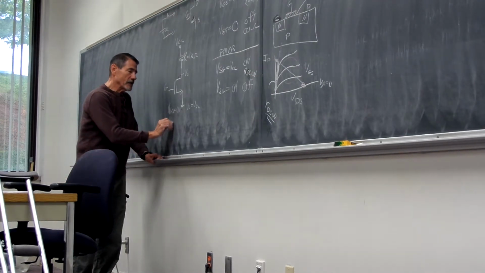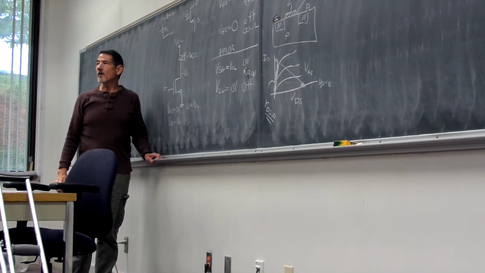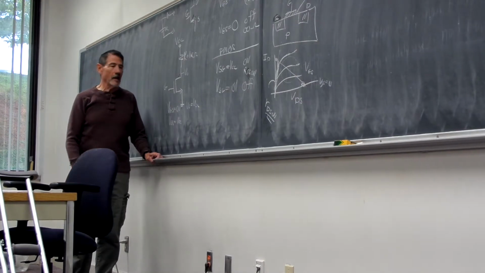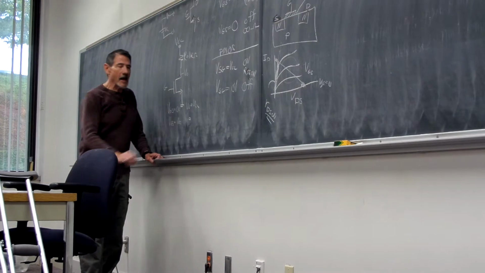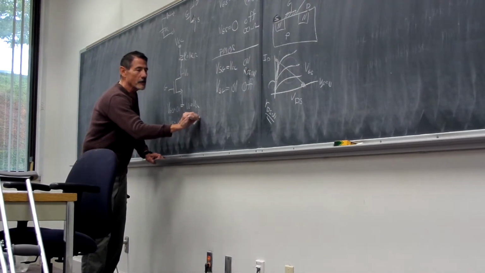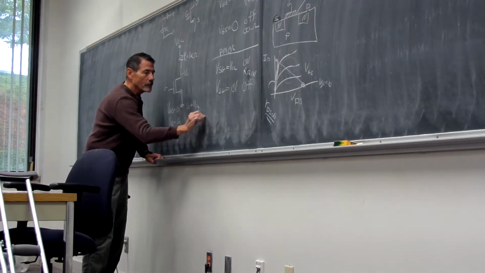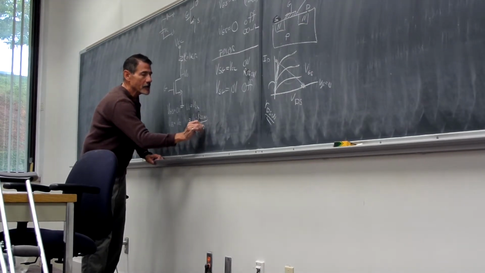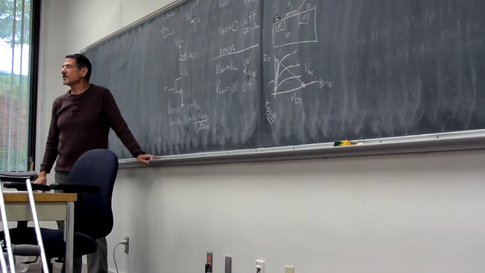Now, let's let VGS equal VCC. Is the device on or off? It's on. And so what is my V out? In reality, it is going to be VCC times RDS on over my R plus RDS on.